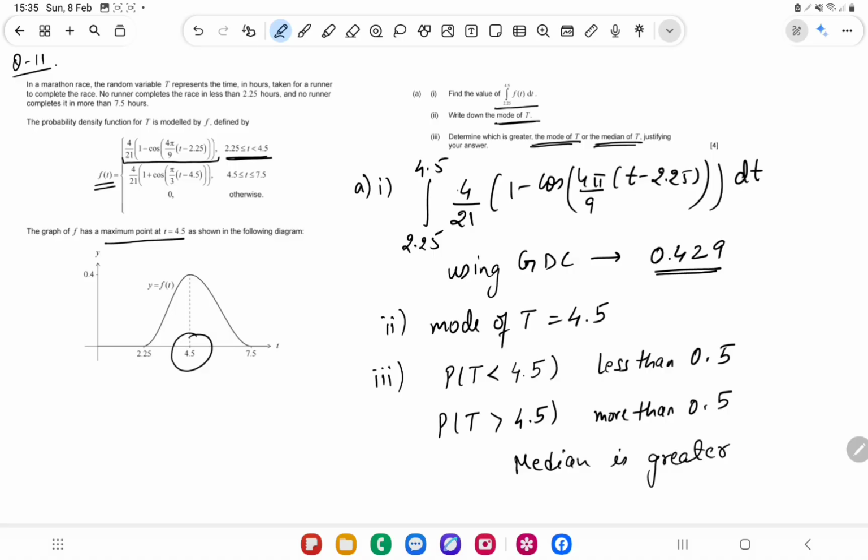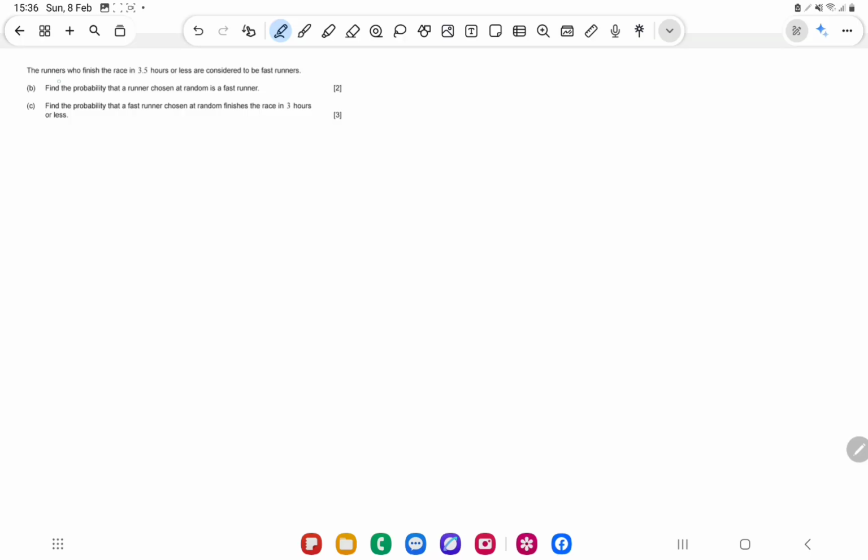Now let's move to the B part. The runners who finish the race in 3.5 hours or less are considered to be fast runners. We have to find the probability that a runner chosen at random is a fast runner. Since we are talking about less than 3.5 hours, we can take our interval as 2.25 to 3.5.